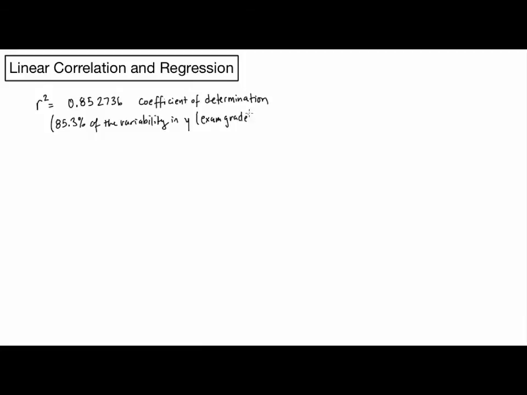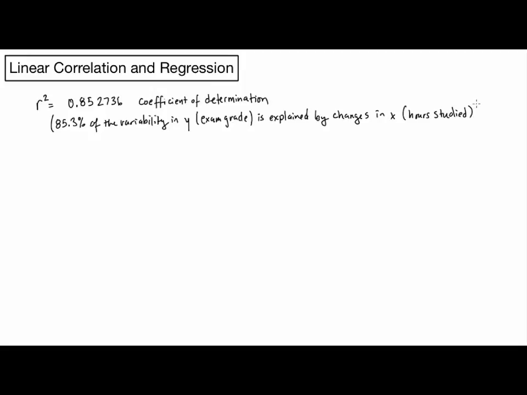So we can predict that up to 85% of the variability in exam grades is, you don't want to say caused, because remember, correlation is not causation, but is explained, is probably the better word to use here, is explained by changes in x, which in this case was hours studied.